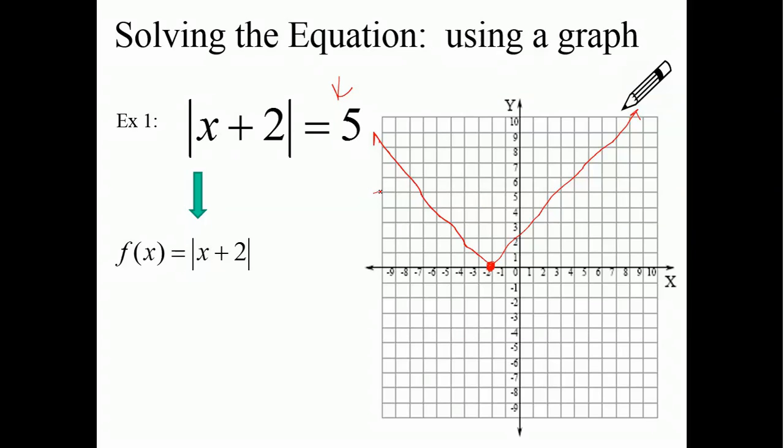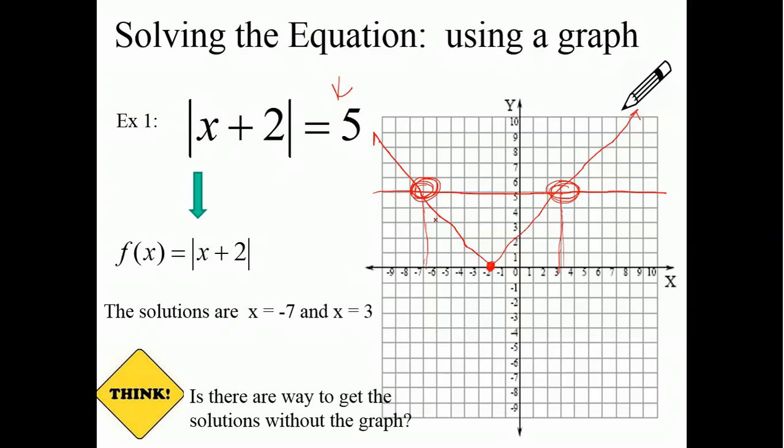On the y-axis, I'm going to put a line at 5. Notice this hits twice, one right there and one right there. So my two answers would be -7 and 3. That's where my graph hit 5.